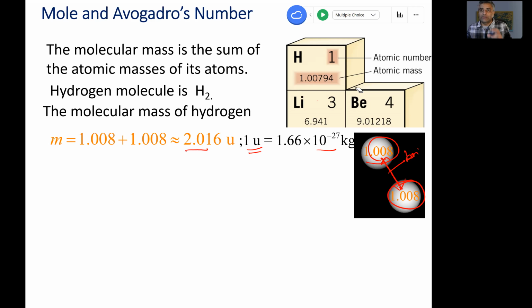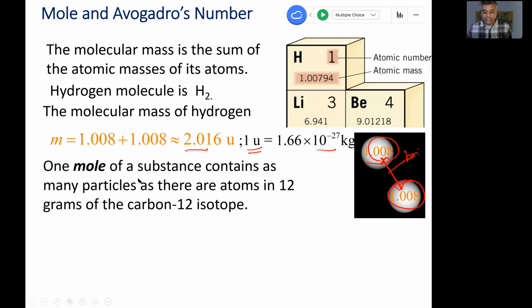So for that, we go to carbon. Carbon is the most prevalent element in nature, so we take a carbon atom, the isotope with number 12, which means it has 6 protons and 6 neutrons, exactly equal.